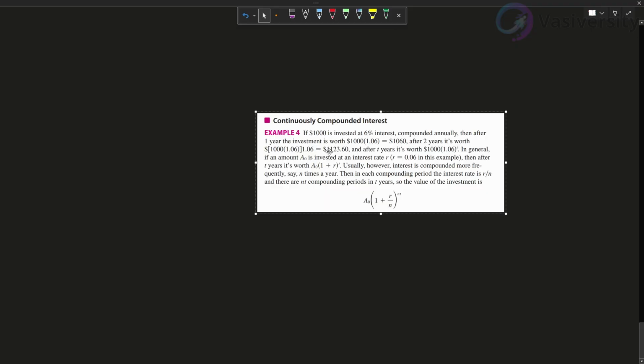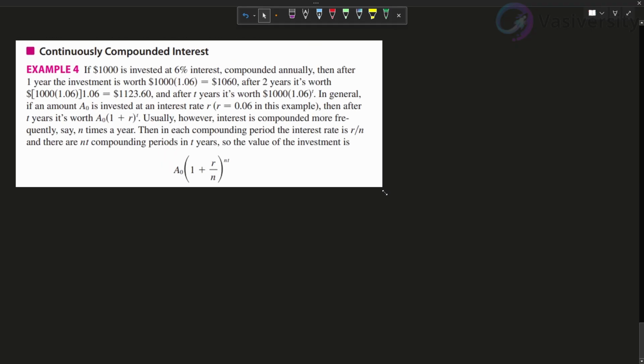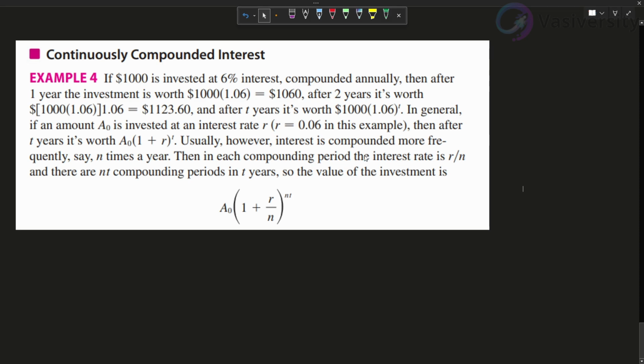Continuously compounded interest. Say $1,000 is invested at 6% interest, compounded annually. After 1 year, the investment is worth 1,000 times 1.06, which is $1,060. After 2 years, it's worth 1,123. After t years, it's going to be worth 1,000 times 1.06 to the power of t.